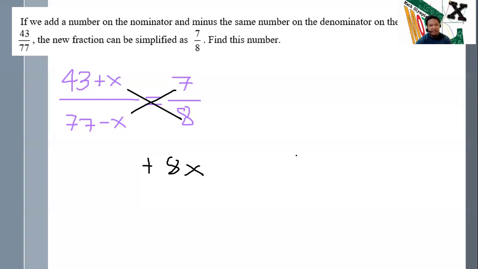That is equal to 7 times 77 minus 7x. So 7 times 77 will give us 539, minus 7x.